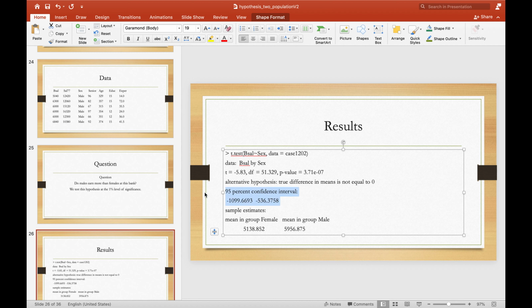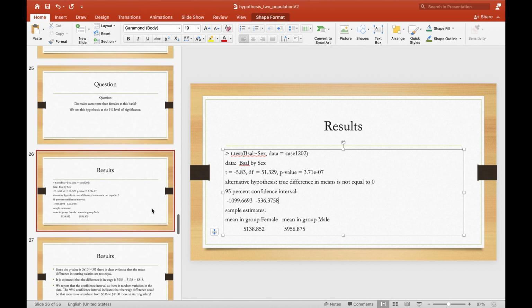And this 95% confidence interval here tells me that the difference in starting salary could be that men make almost $1,100 more, just rounding up a little bit, more than women, or on the smaller spectrum, that they make $536 more than women on the lower end. Okay, and if I want the estimated amount by which they make more, I'm just going to subtract the female salary from the male salary. Okay.